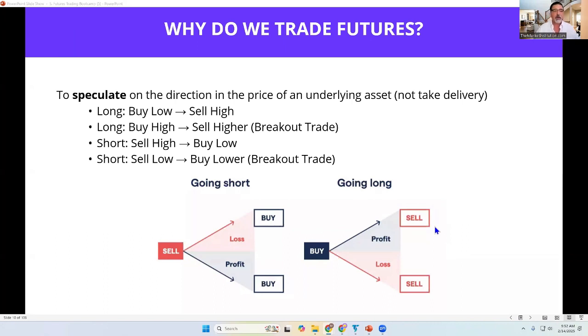Now, why does that make a difference? To know if your futures contract is deliverable or non-deliverable, you can use a reference of the CME Group to see the contract specifications.